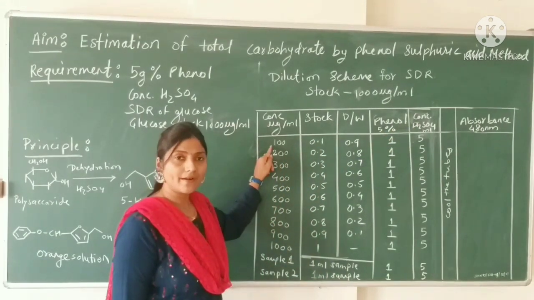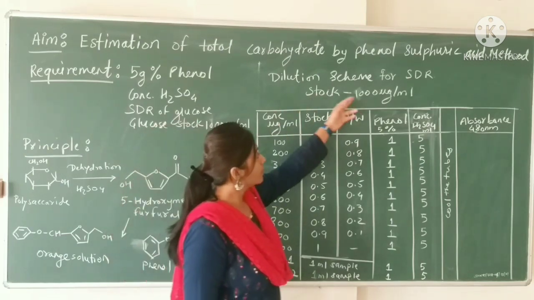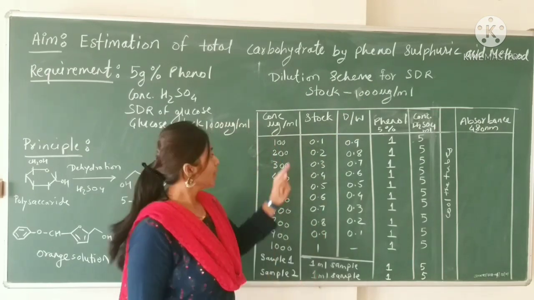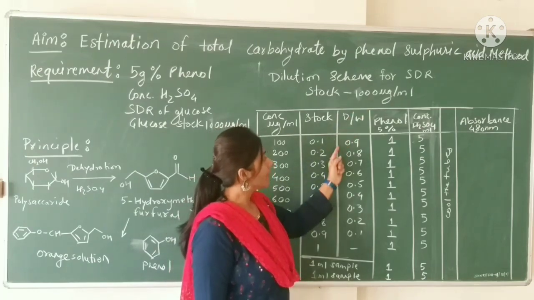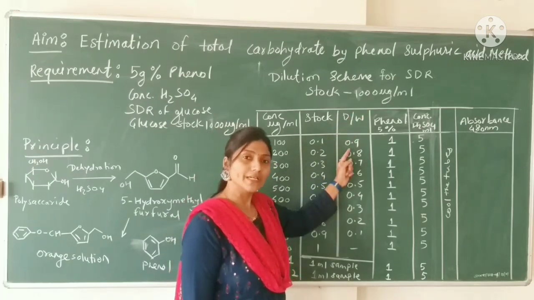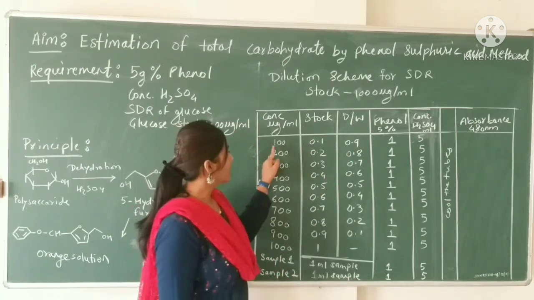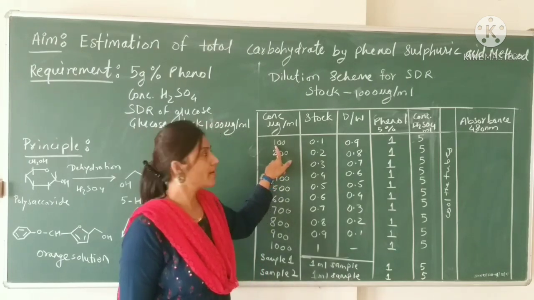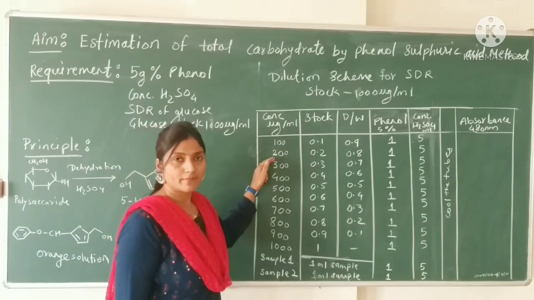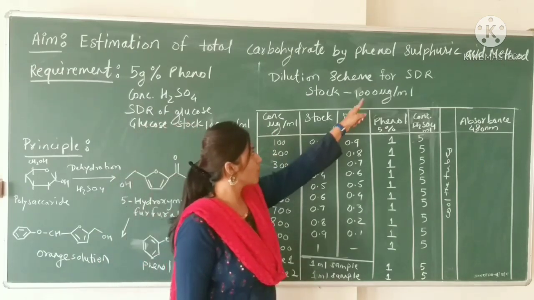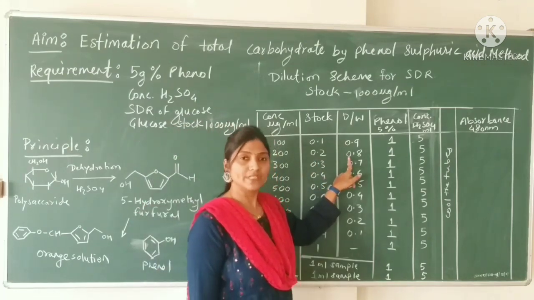To prepare the 100 micrograms per ml dilution from the stock, you have to take 0.1 ml of stock and add 0.9 ml of distilled water. So the total volume will be 1 ml, and the concentration will be 100 micrograms per ml. Second, that is 200 micrograms per ml: you have to take 0.2 ml from the stock and add 0.8 ml of distilled water.